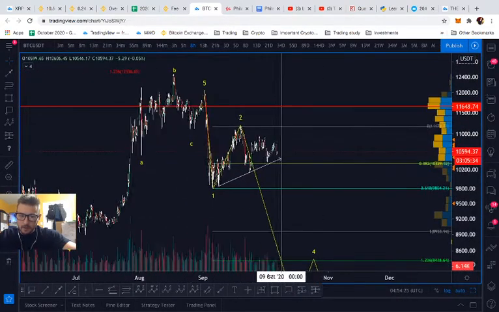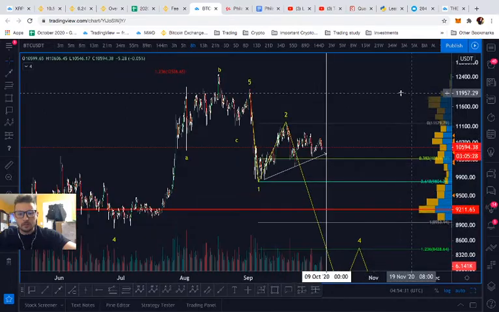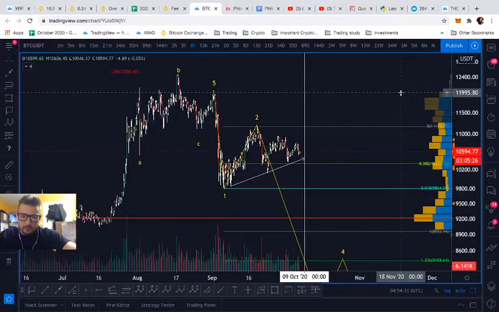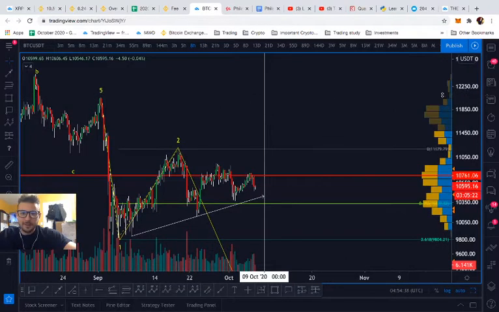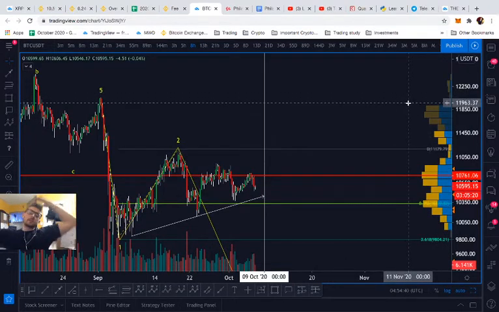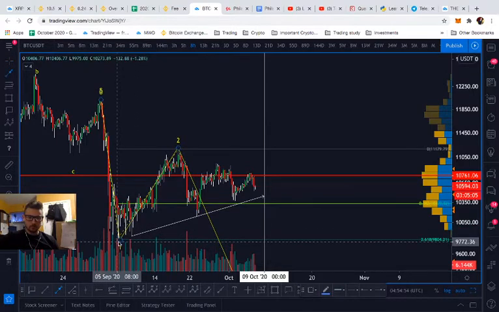Like I said, my timing indicator is saying, this extremely accurate timing indicator that I use, I like to keep it to myself basically, but maybe later down the road I'll be willing to share it. But anyways, if you guys see it a little bit differently, perhaps something like so.